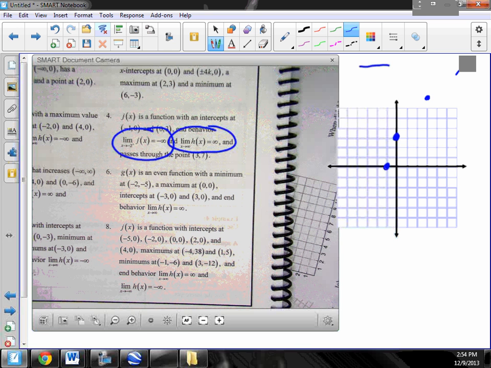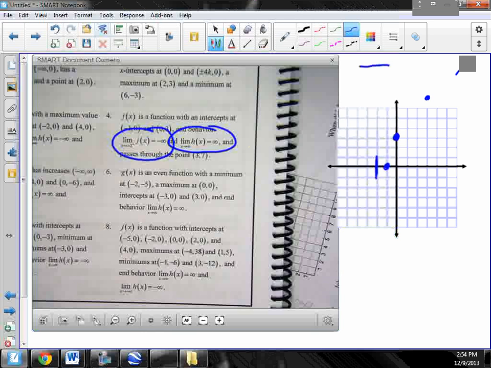What that means is as x approaches negative 2 from the positive side of the axis, which means from the right. So this says as I approach negative 2 from the right side, not the left side, it goes down. So it's got to go through there and it's got to go down. That's what the graph would look like.